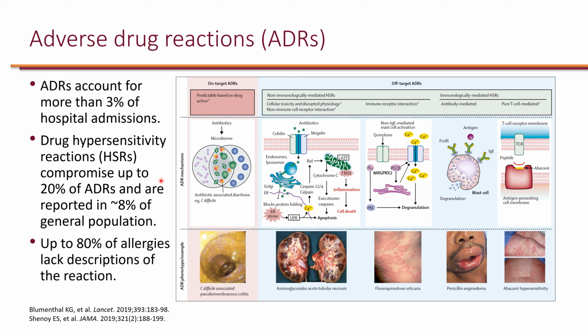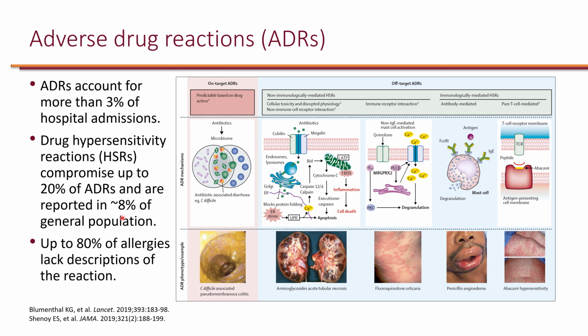Now, the problem is up to 80% of allergies lack descriptions of the reaction. A modern way to look at adverse drug reactions is to think of them as on-target adverse drug reactions and off-target adverse drug reactions. On-target adverse drug reactions are reactions that are essentially based on the mechanism of action of the drug.